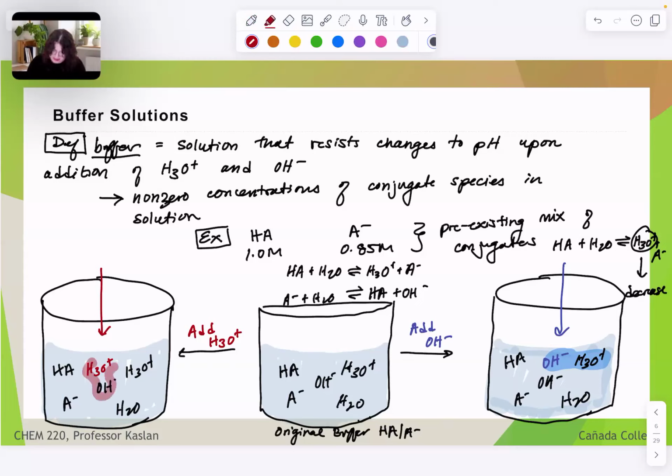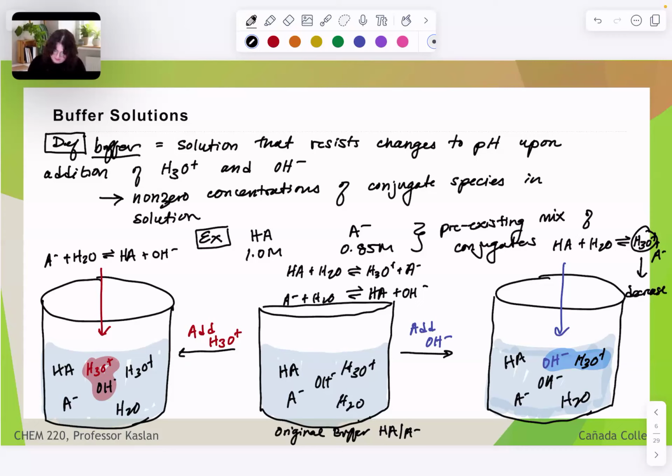Okay, if we had acid, again, we're going to neutralize the hydroxide. And that hydroxide is only in solution because of A minus dissociating with water to create HA and OH minus.